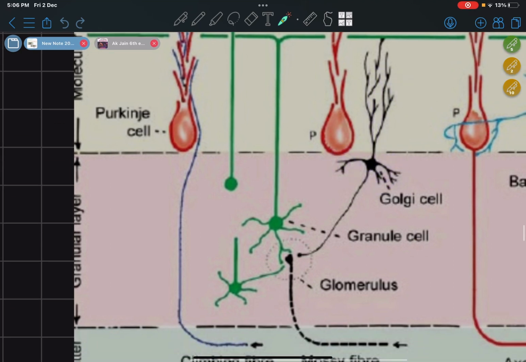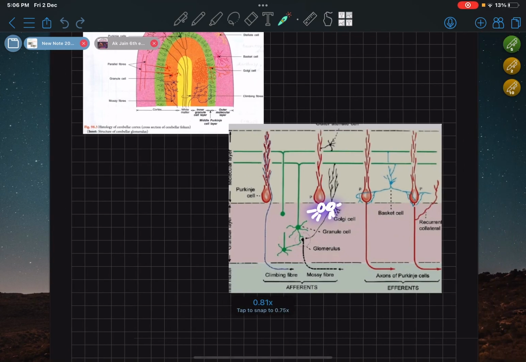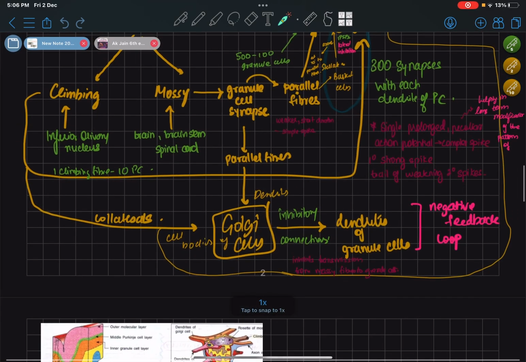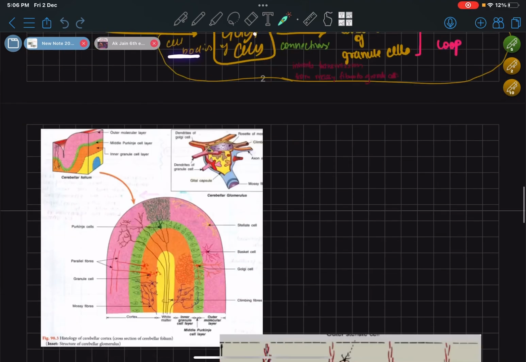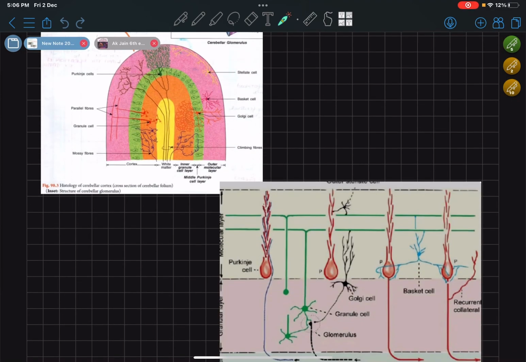So what I was trying to say is, the cell body and the dendrites both receive separate inputs. As I said, the climbing fibers send collaterals to the Golgi cells, to their cell bodies. Here we can't see it in any of the diagrams.